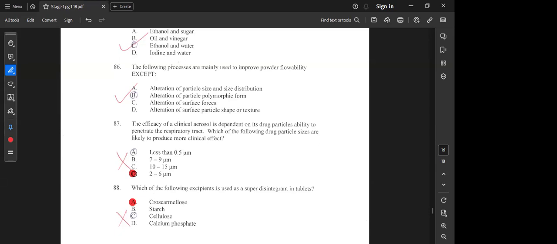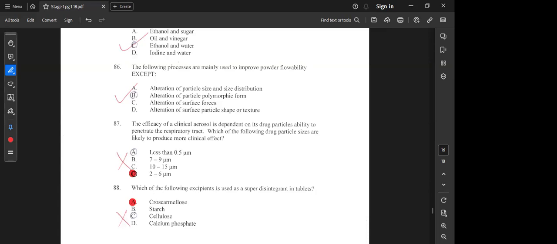What do you think? Okay, the first one will alter the flowability. Surface forces will also alter flowability. Size, shape, texture. Yeah. What does polymorphic form mean?